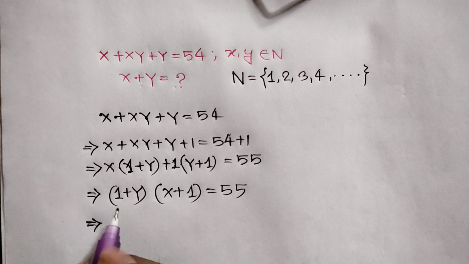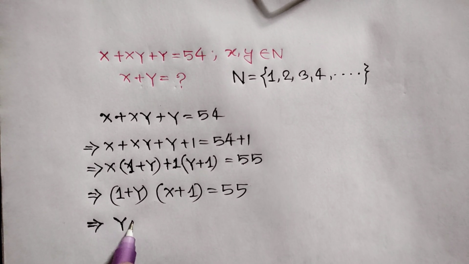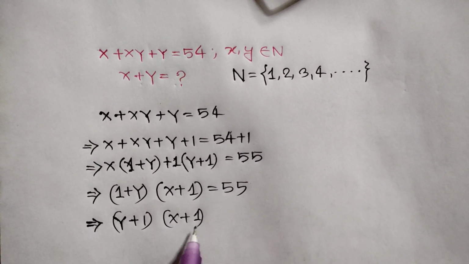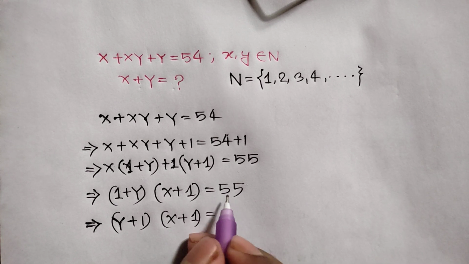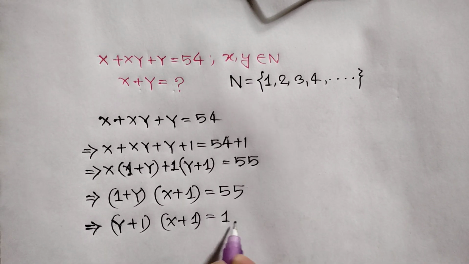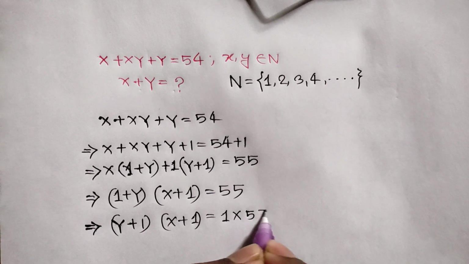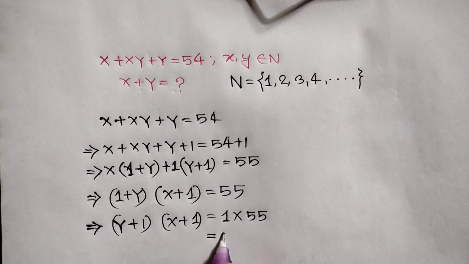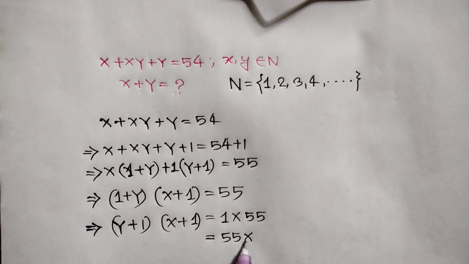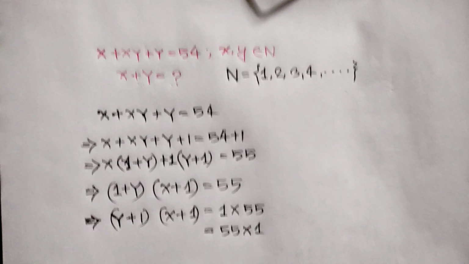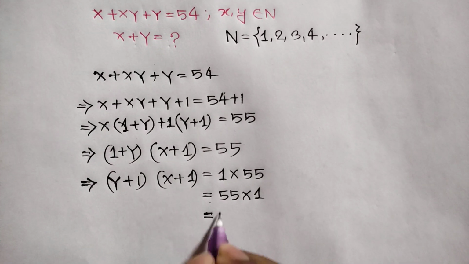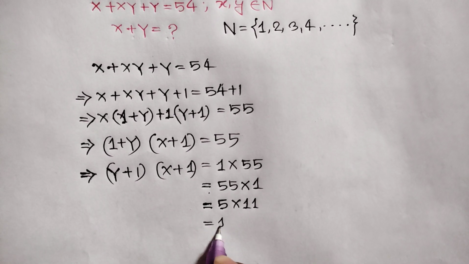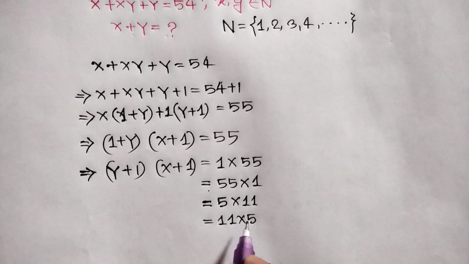Rearranging it we can write (y plus 1) times (x plus 1) is equal to 55, which can be written as 1 times 55, or 55 times 1, or 5 times 11, or 11 times 5.